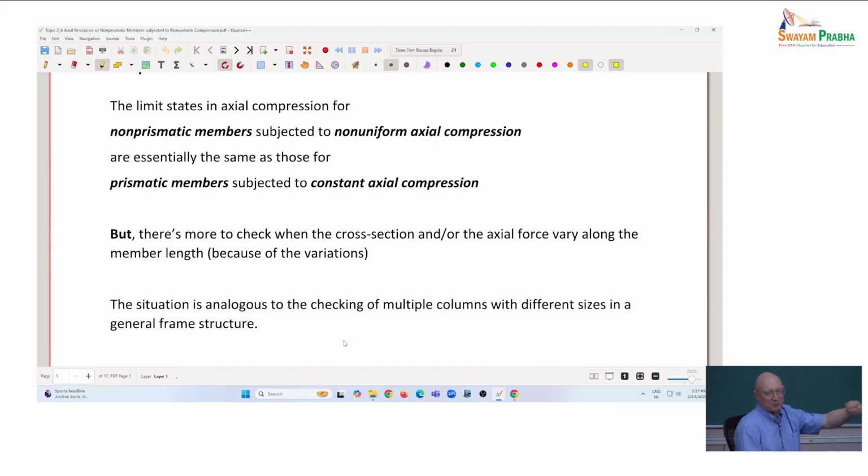Then the strength of the member is the most critical, the one that gives you the largest PU to phi PN. That would be the governing check. So you treat it just like you would treat a group of columns. That's it. It's a very simple concept.